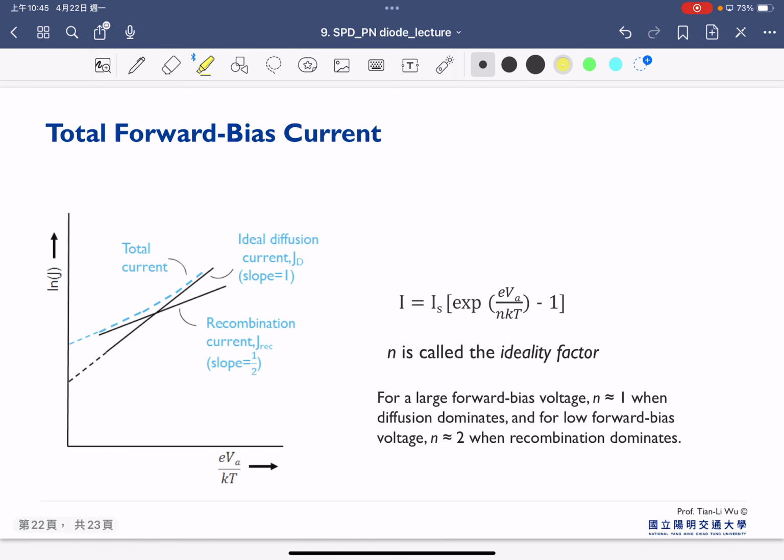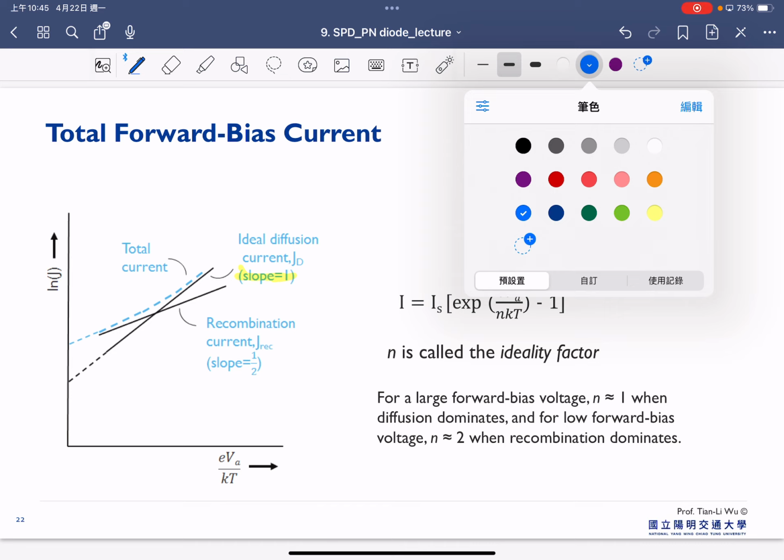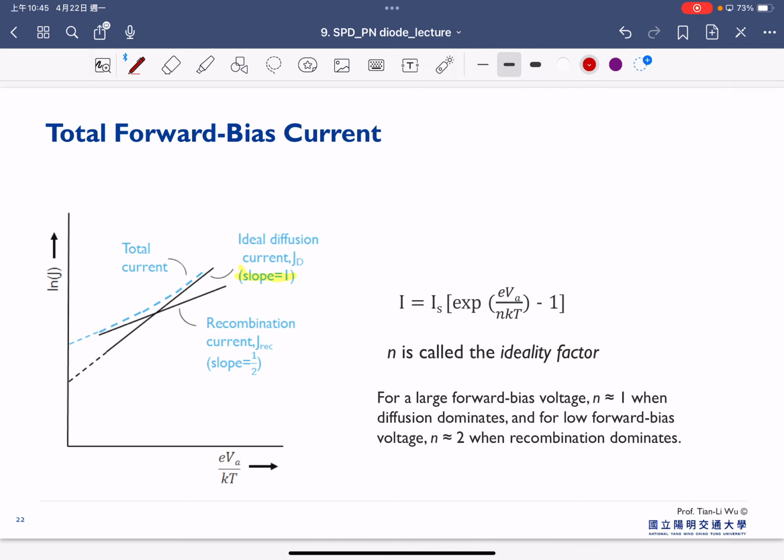So now if you look at the reality of the total forward bias current here, in the beginning we only talked about this ideal diffusion current, where the slope is equal to 1. But if we also consider that recombination happens, then that would be this one. This is related to the recombination here.